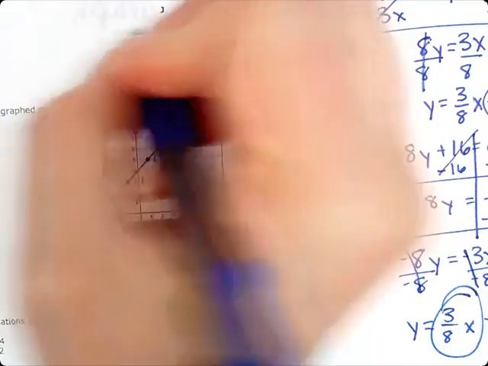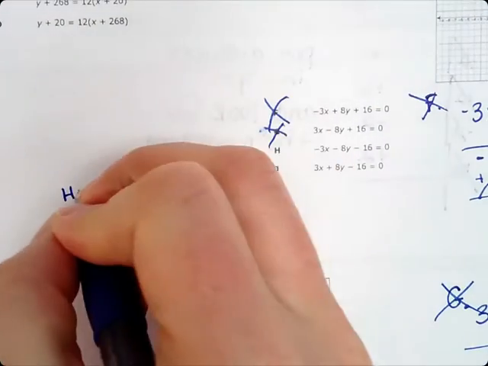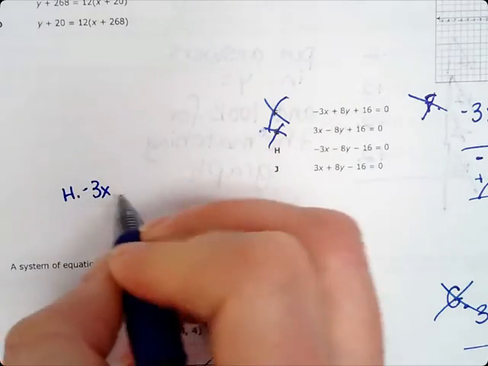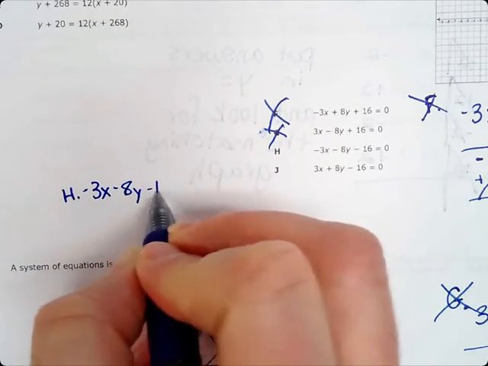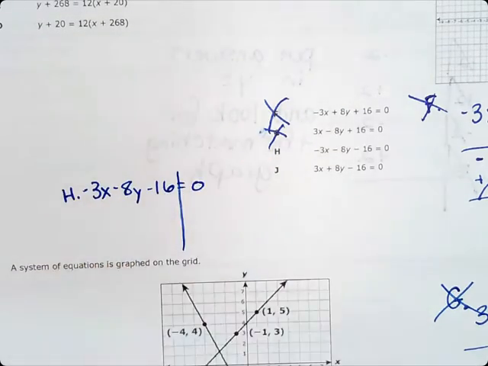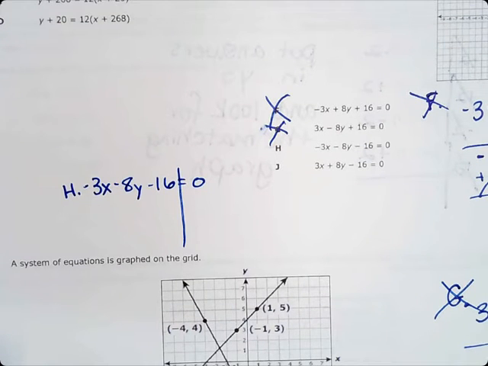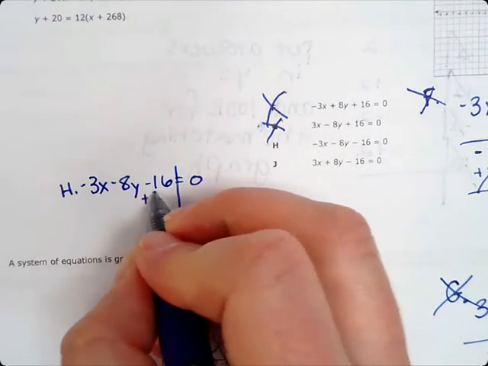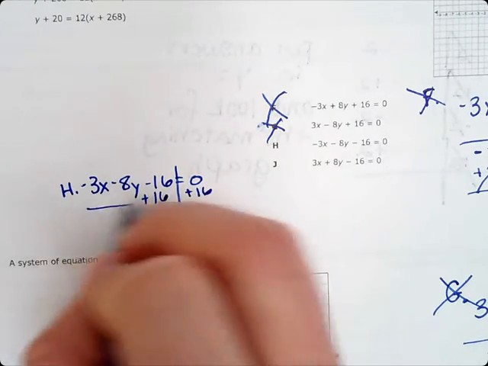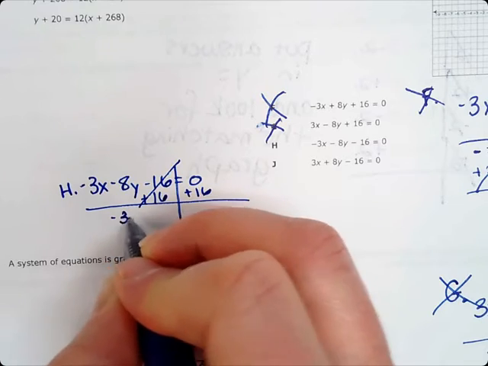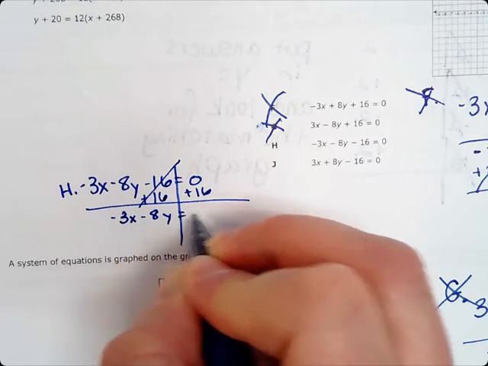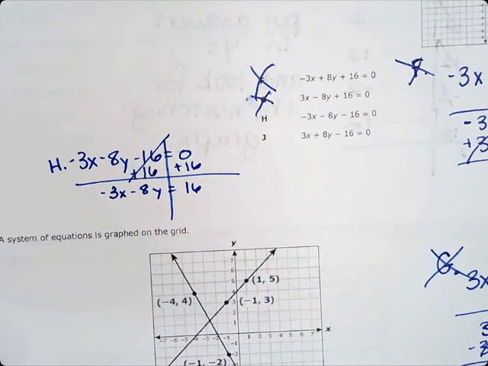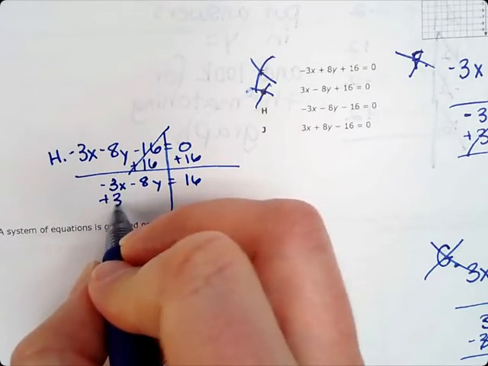Okay, let's do H. They're all the same. What's changing is the positives and negatives. So plus 16. Negative 3x minus 8y equals 16. Plus 3x.